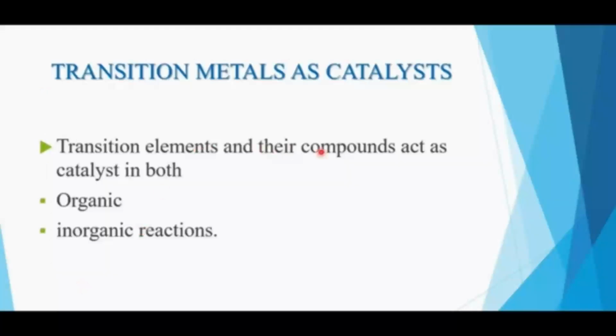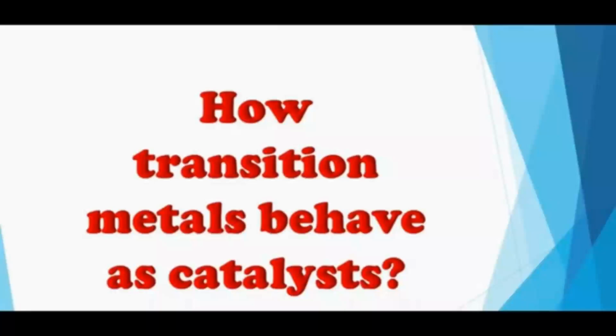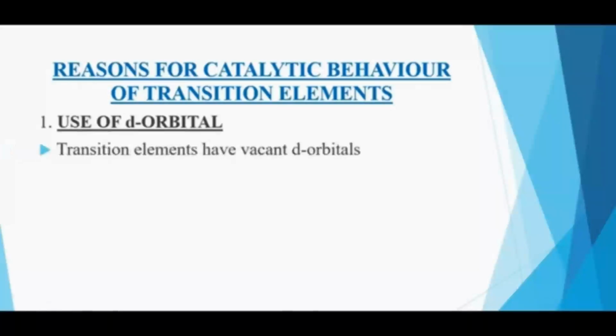Transition elements and their compounds act as catalysts in both organic and inorganic reactions. Now let's see how transition metals behave as catalysts. The reason for the catalytic behavior of transition elements is use of d orbitals. Transition elements have vacant d orbitals.